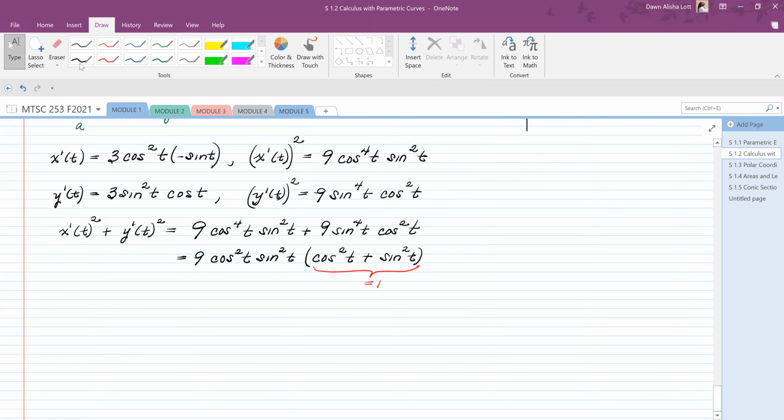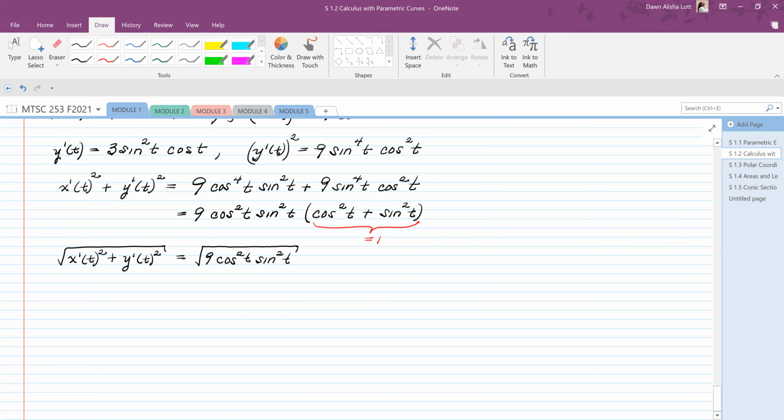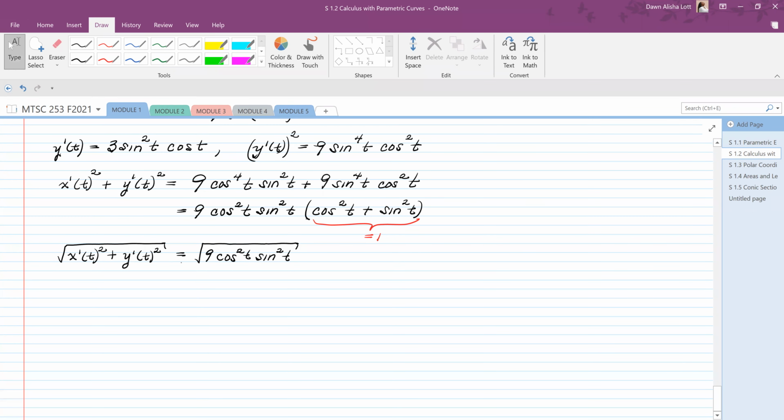So therefore, when I go to take the square root of x prime of t squared plus y prime of t squared, I'm only taking the square root of 9 times the cosine squared of t times the sine squared of t. Now, when you take the square root of something squared, that gives you absolute value.